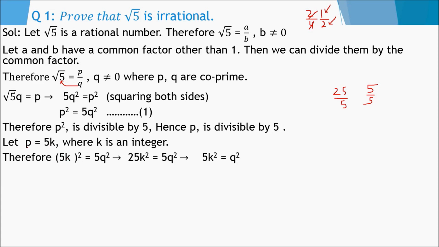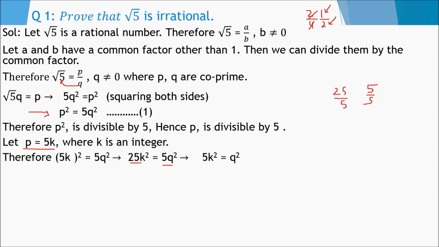Now we will put the value of p in equation 1, and we will get 5k square is equal to 5q square. Now 5k whole square is equal to 25k square, which will be equal to 5q square.